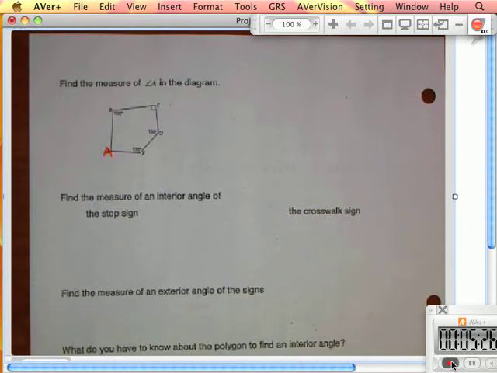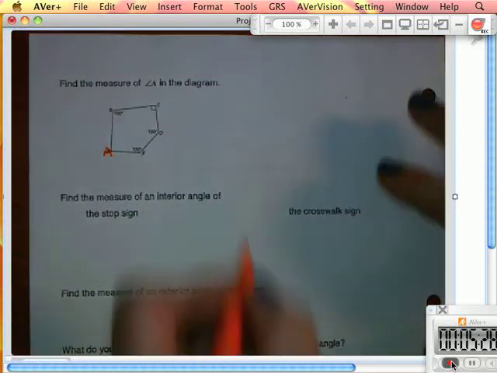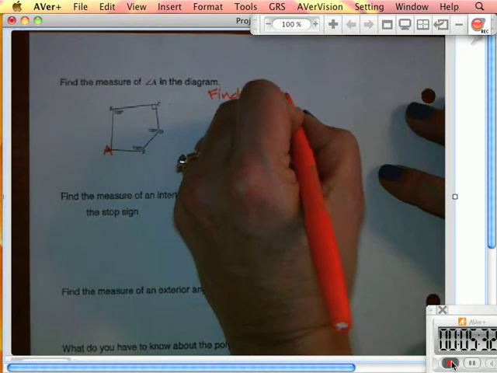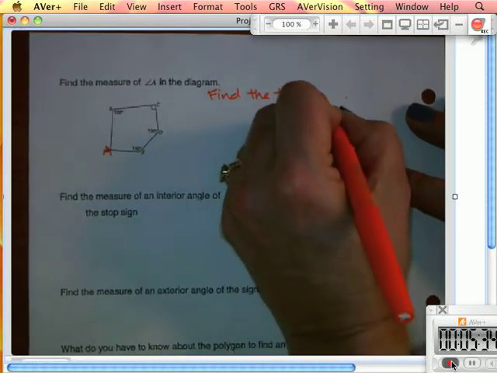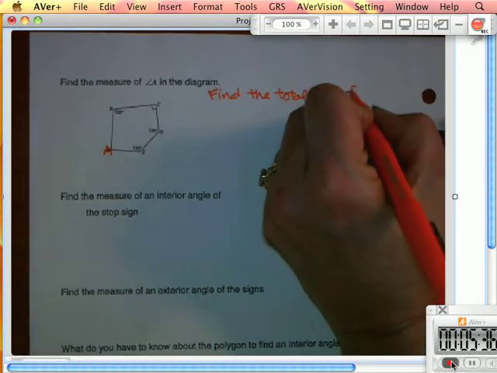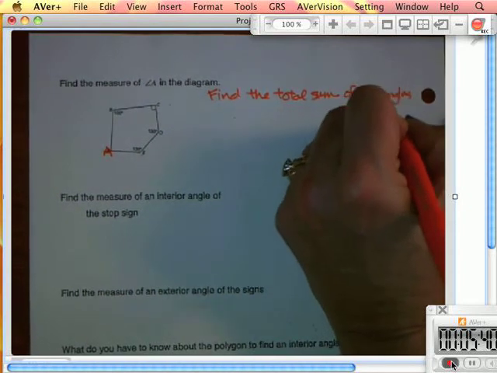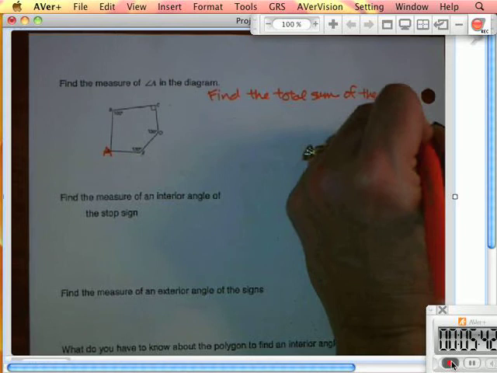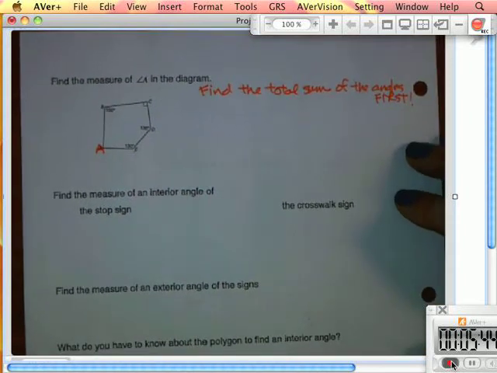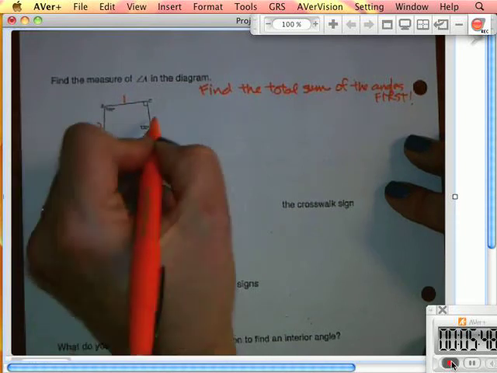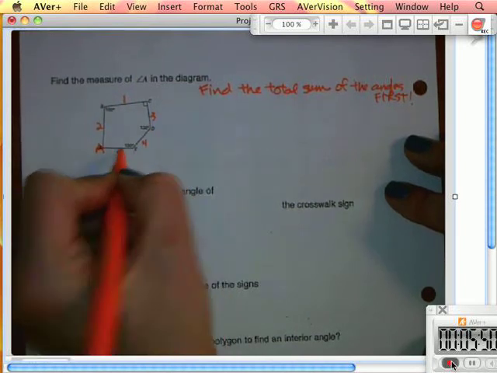So step one is find the total sum of the angles first. How many sides are there? 1, 2, 3, 4, 5. Correct?